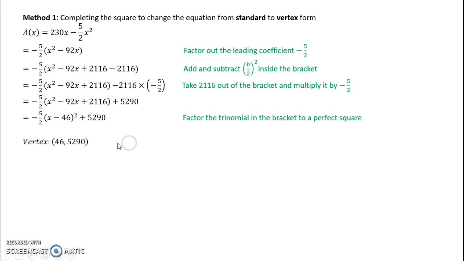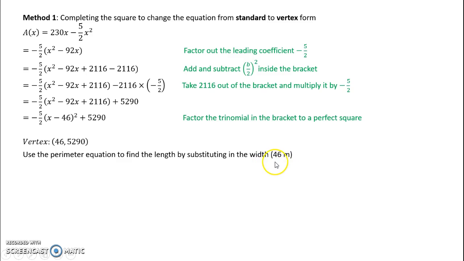Okay, so now this is in vertex form. Okay, so we have the x coordinate of the vertex, which is 46, and we have the y coordinate of the vertex, which is 5,290. Okay, and so we're going to use the perimeter equation to find the length by substituting in the width.